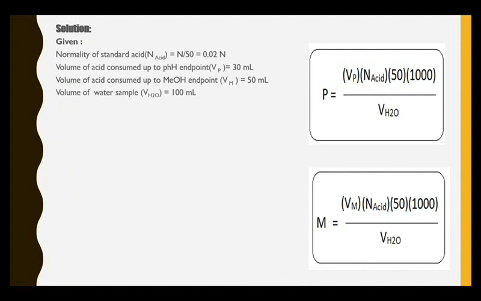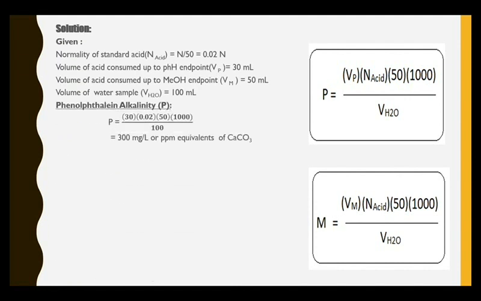So here first we need to know the formula to calculate phenolphthalein and methyl orange alkalinity, and then look at the data given and calculate the phenolphthalein alkalinity by substituting for Vp, that is, the volume of acid consumed up to the phenolphthalein endpoint. This is the normality of the standard acid.